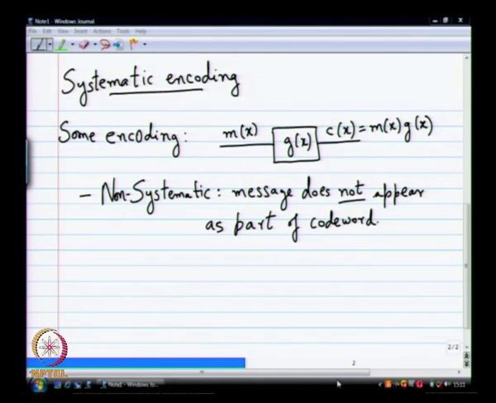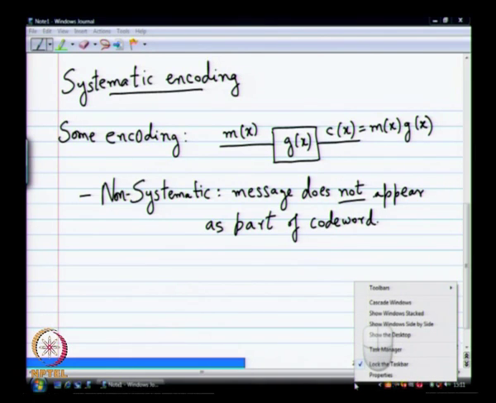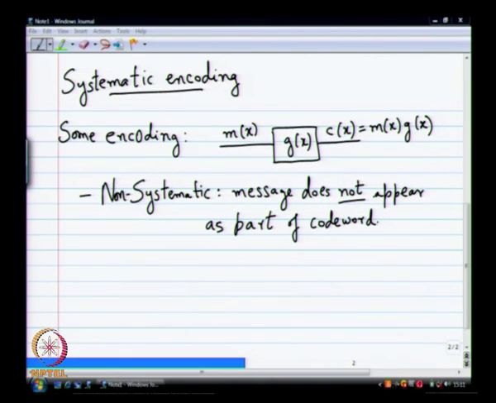Okay. So hopefully that is clear to you. If you do m of x times g of x, there is no guarantee that the message will appear by itself anywhere, it is just a multiplication, it can go all over the place. Okay. So it will be good to have a systematic encoder.